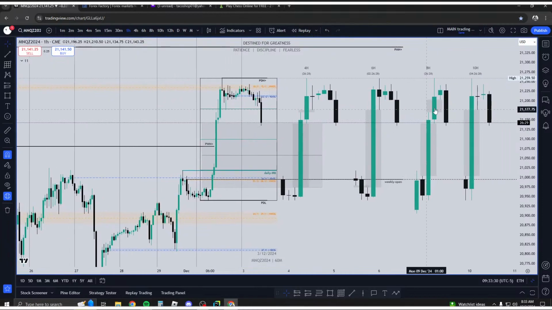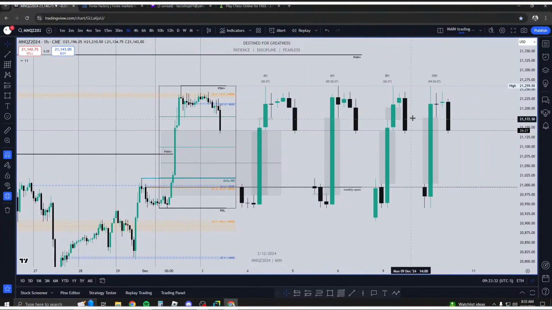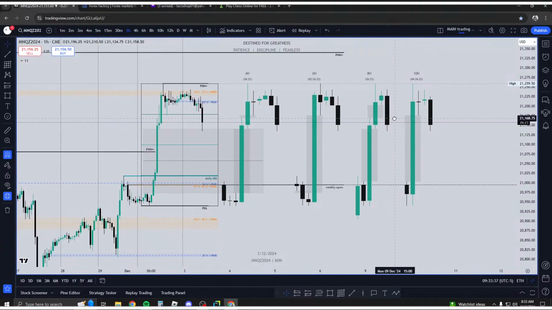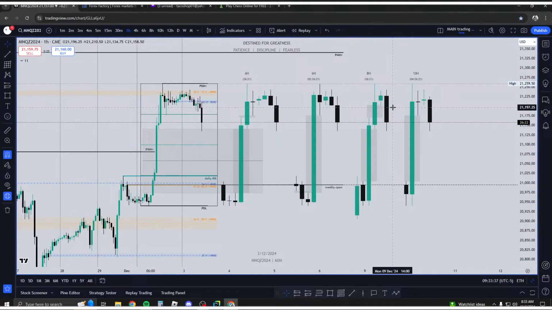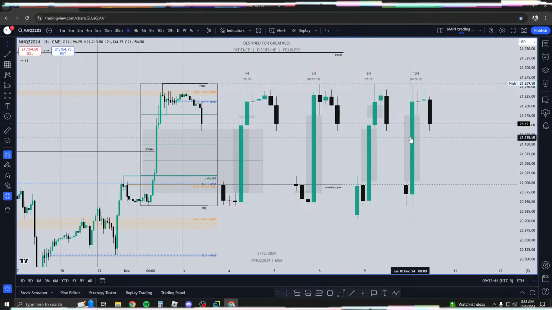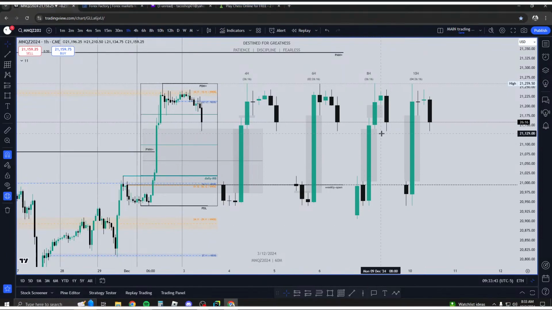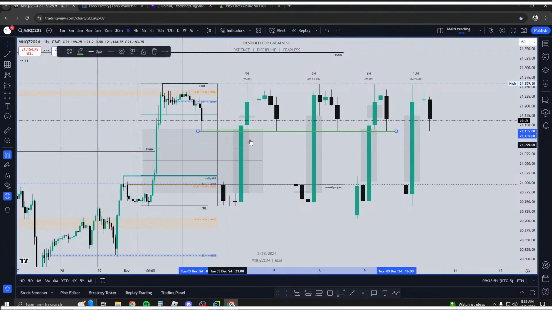Based on the 8-hour candle right now, if we closed on it right now, I would anticipate for prices to take out the 8-hour low. This green line right here, I would anticipate for prices to take out that green line this upcoming morning session.